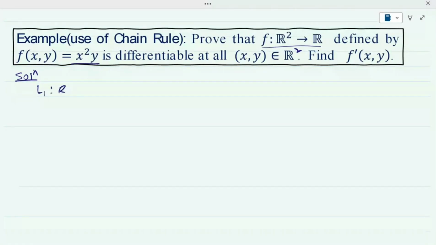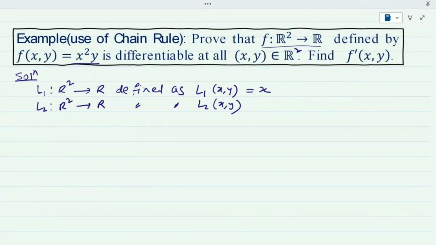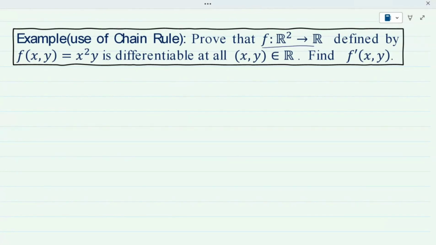Solution. Define L1 from R2 to R, defined as L1(x,y) = x, and then we define L2 from R2 to R defined as L2(x,y), which is again x.